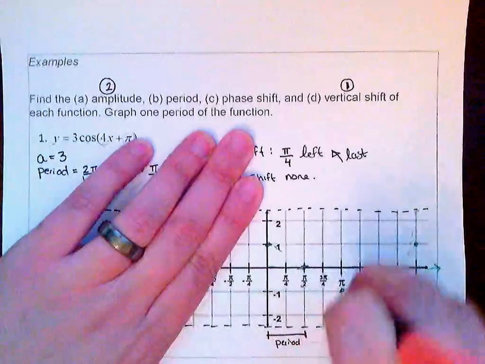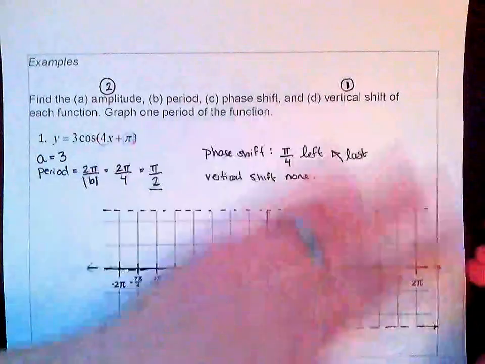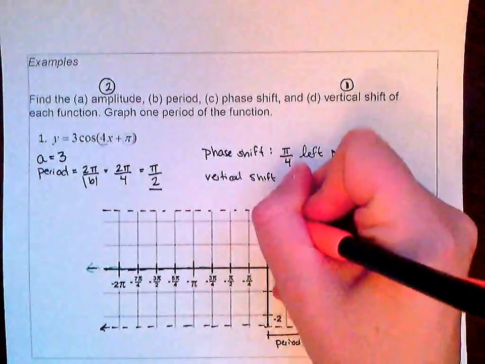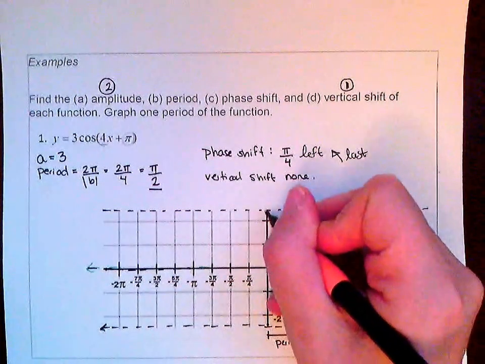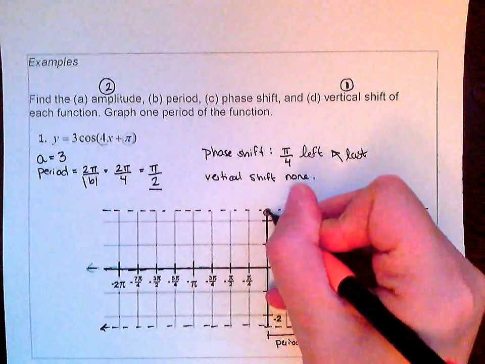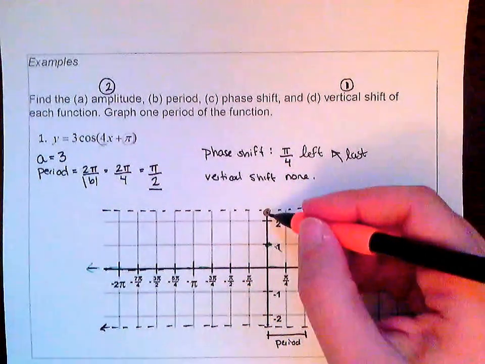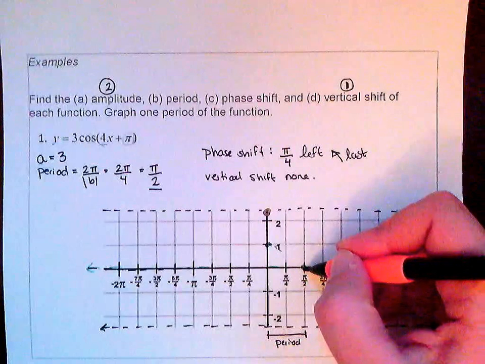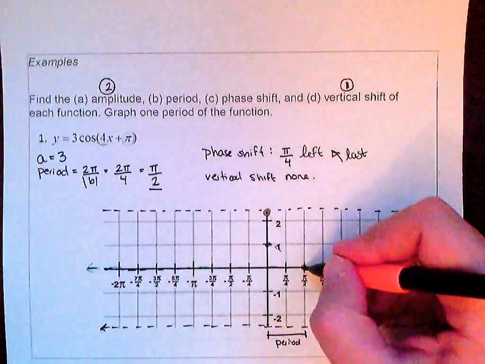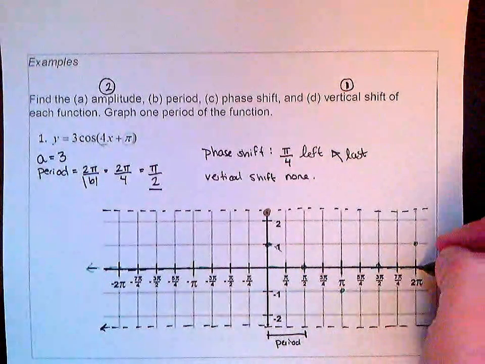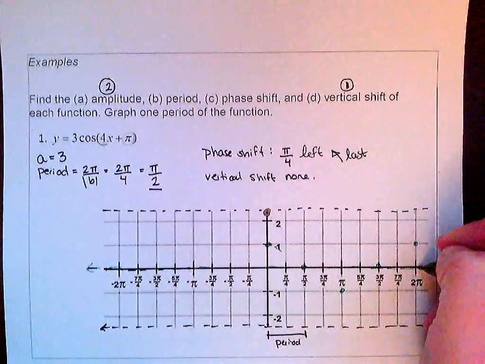But what that period does to it is it basically says, okay, originally the cosine function starts at 1, but because of the amplitude it's actually going to be starting up here, and it's going to end at pi over 2 instead of 2 pi, which is the original period.